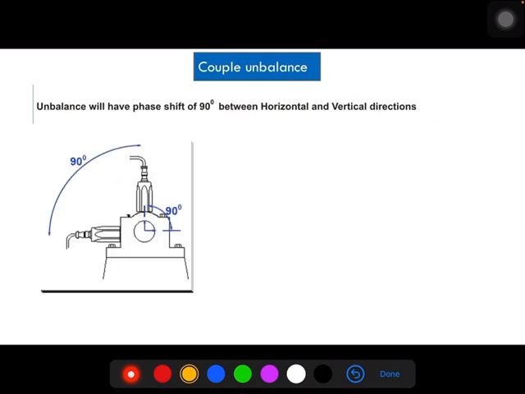Similarly, like the static unbalance, the phase difference between horizontal and vertical is 90 degrees here, or 90 plus or minus 30 degrees you can consider.